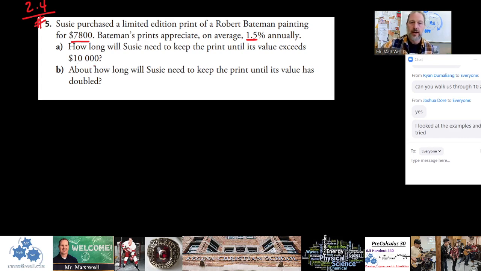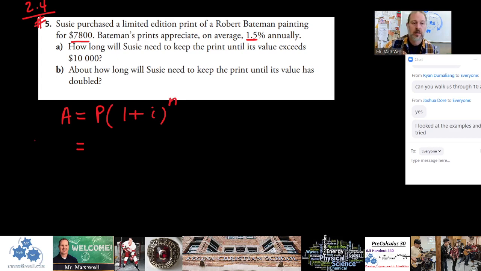Okay. Well, first of all, let's do this. The future value would be the principal times 1 plus the interest rate, to the power of n. So this is the basic compound interest formula. We are trying to get to 10,000.